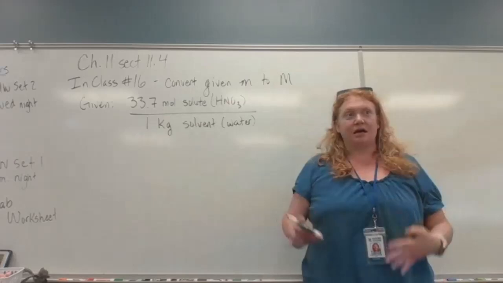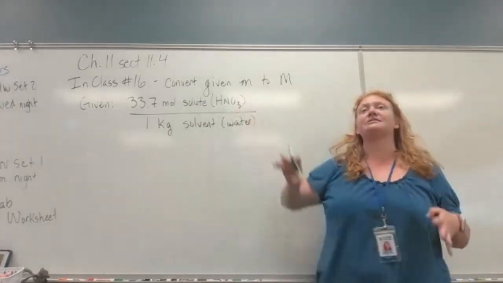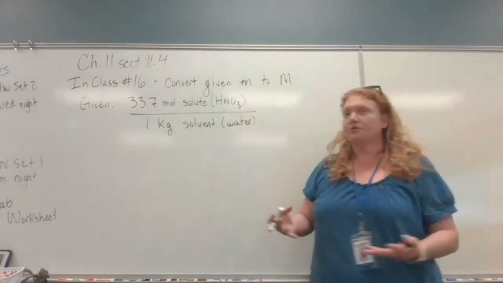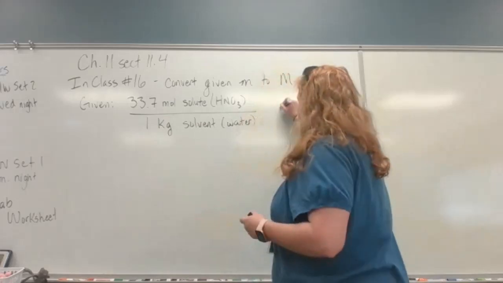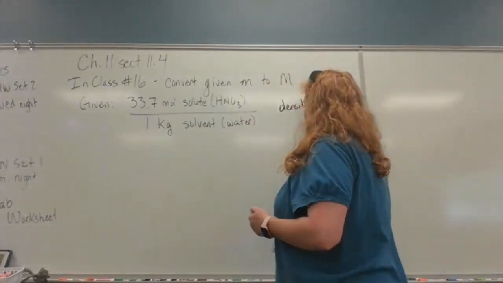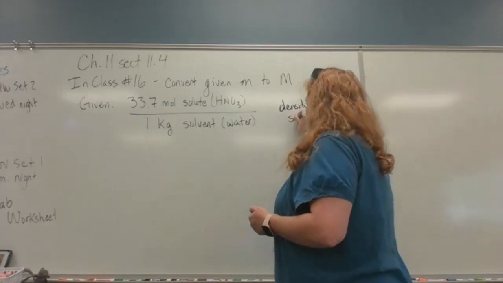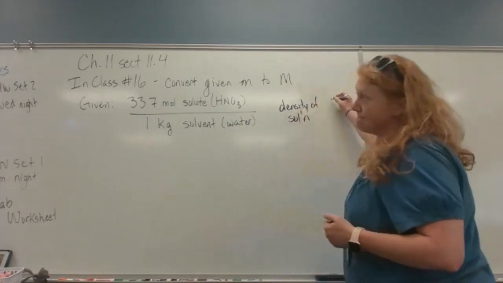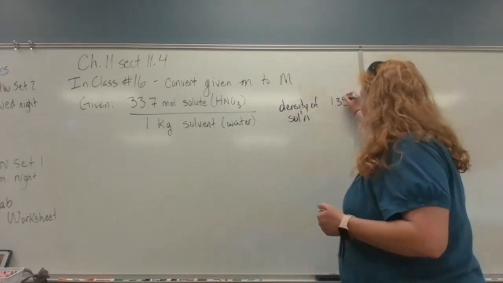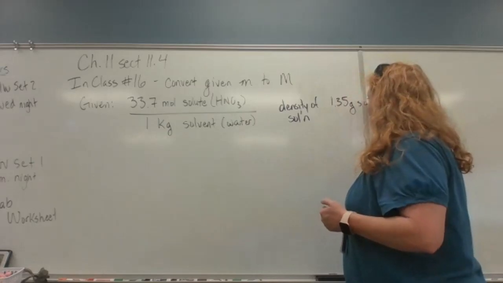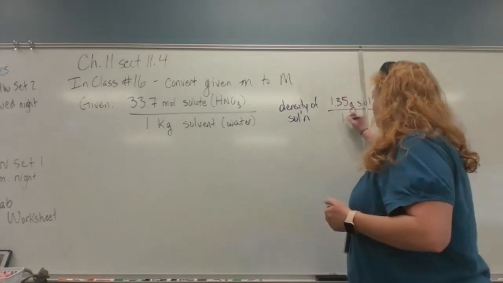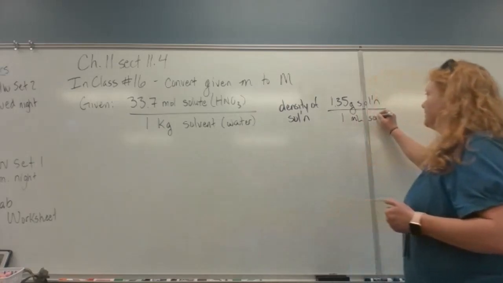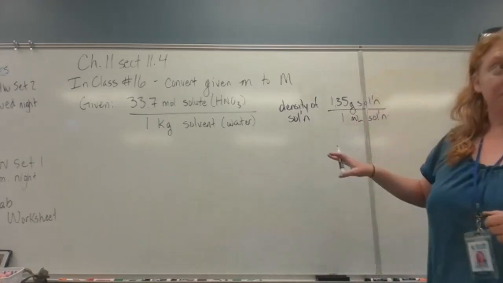That is not the density of nitric acid. That is the density of the solution. So you are given the density. 1.35 grams of solution per 1 milliliter of solution.